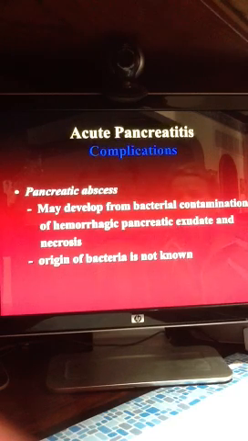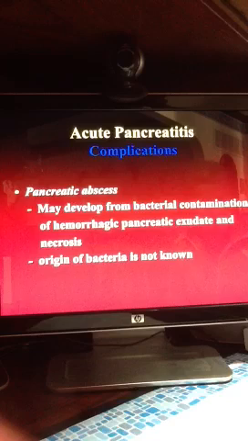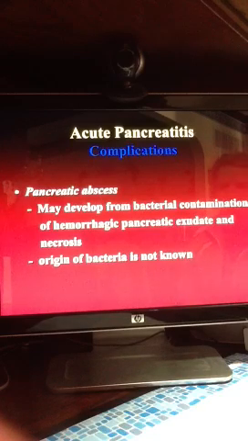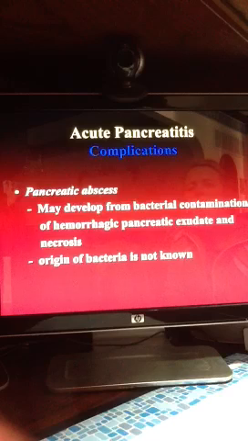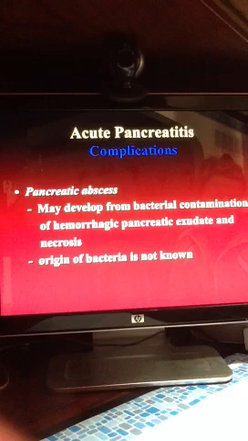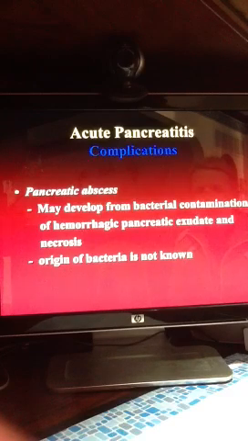a problem. Now, a pancreatic abscess, like I said, may start with a pseudocyst, but a pancreatic abscess can develop from bacterial contamination of the exudate and the necrotic area. The origin of the bacteria is not going to be specifically known, but most likely it's GI.